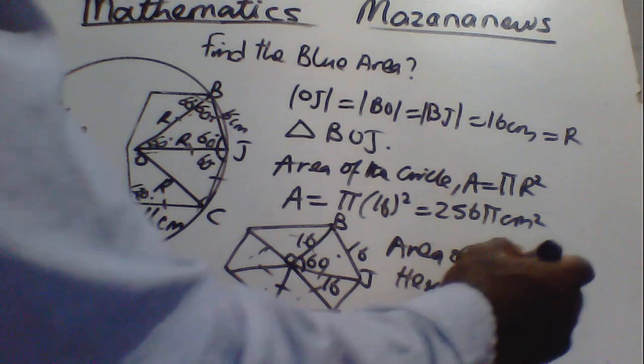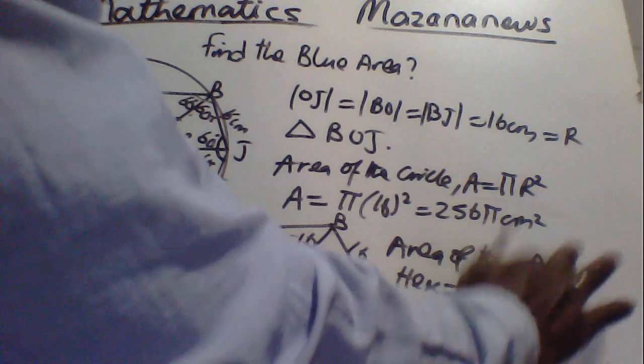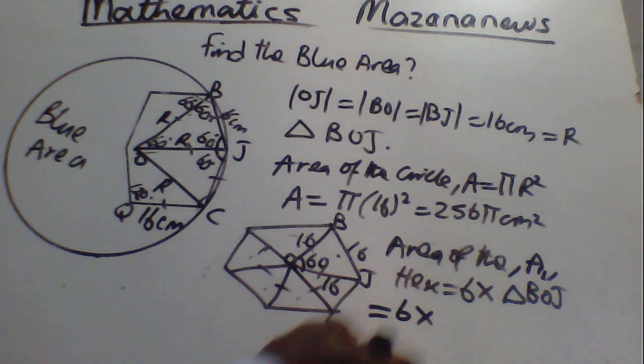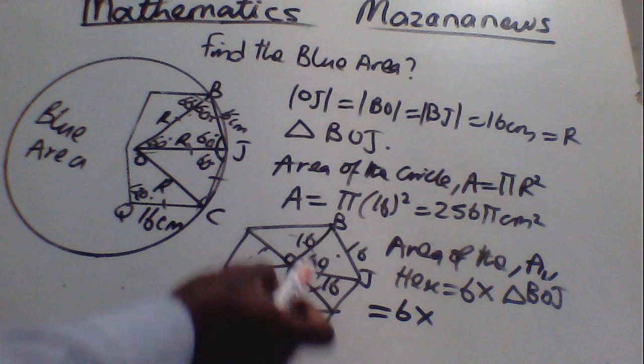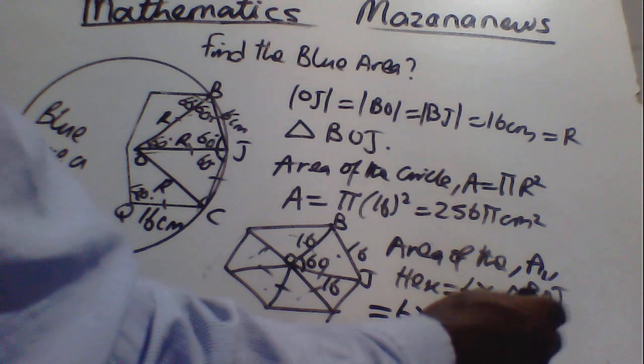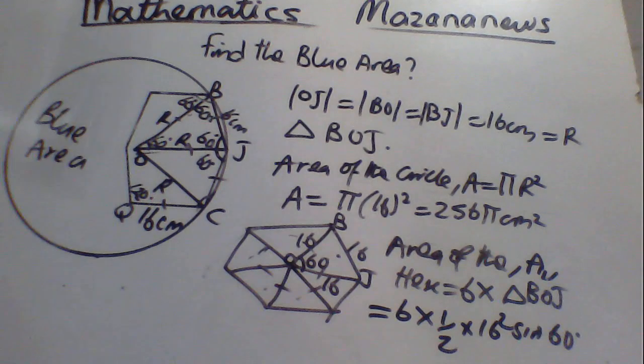So in this case, I can call here A1 to be easy. So in this case, we have 6 times area of the triangle, already getting 2 sides. So half times 16 squared sine 60 degree. So simplify it.